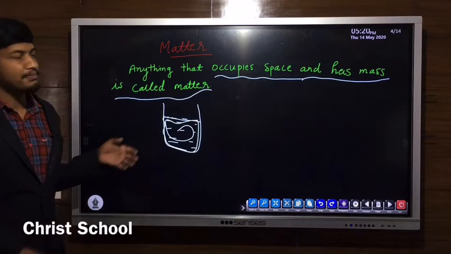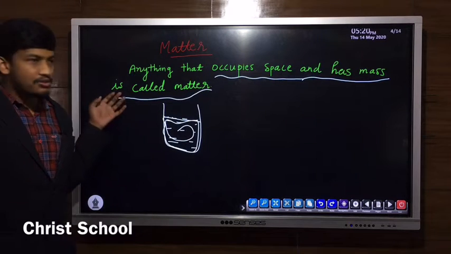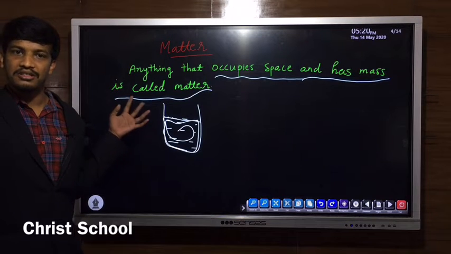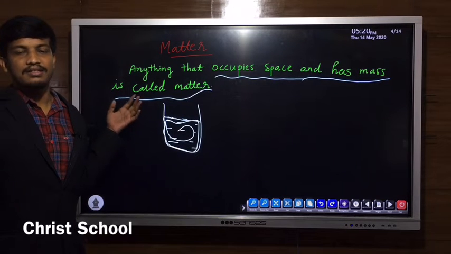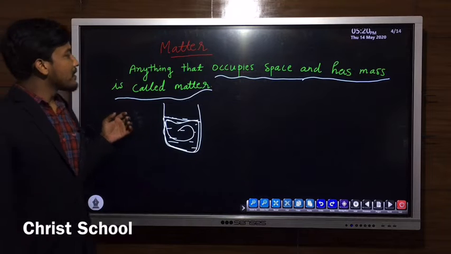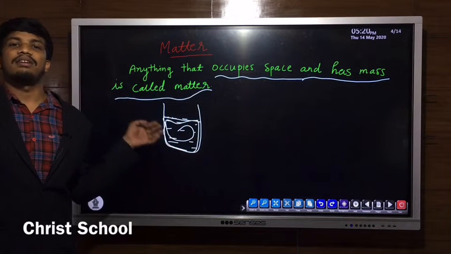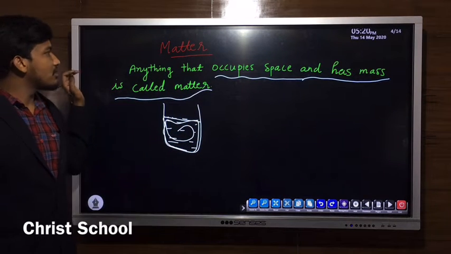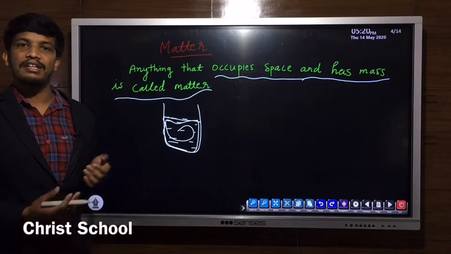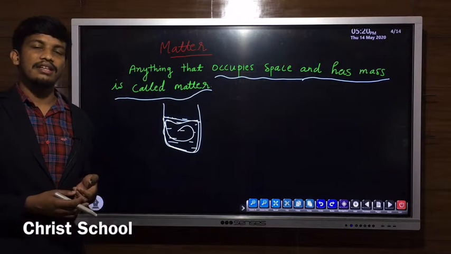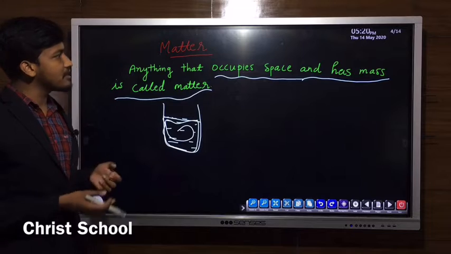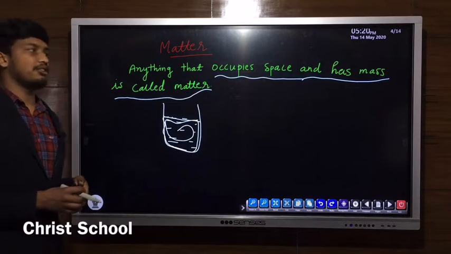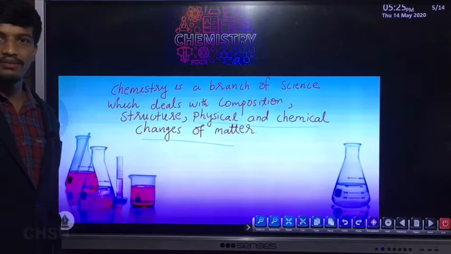And also we can measure the mass of the air. So the mass of air can be measured using some experiments. So from all this we can conclude that all the materials available in our surroundings are termed as matter because all these have mass and they occupy space.